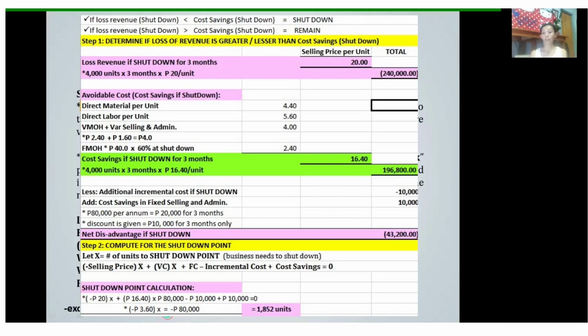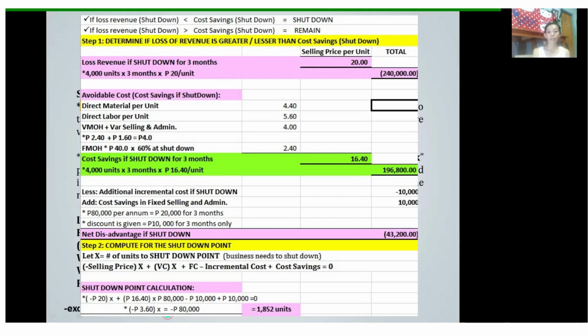We arrive at negative 43,200 pesos, which is a negative number. That means to say, it is obvious that the loss of revenue is greater than the incremental cost or avoidable cost. So the result would be more negative if ever we go to the shutdown operation.